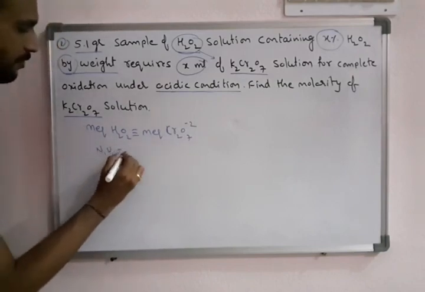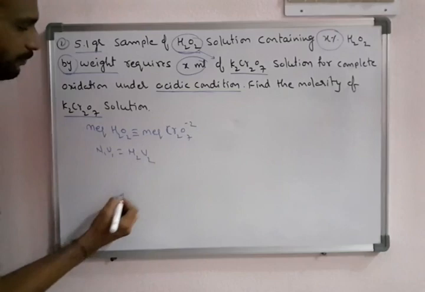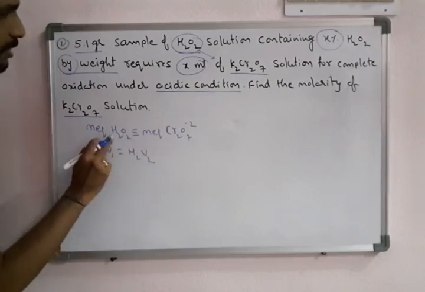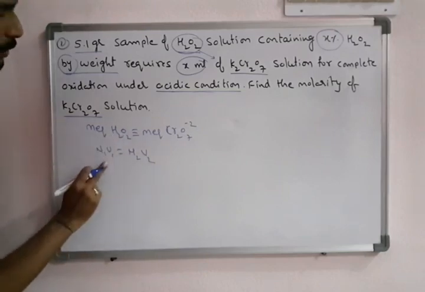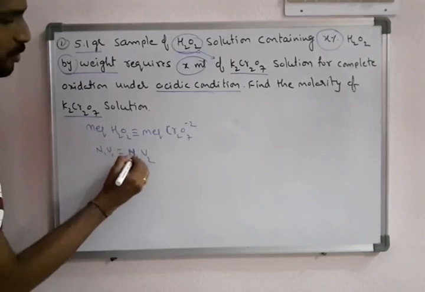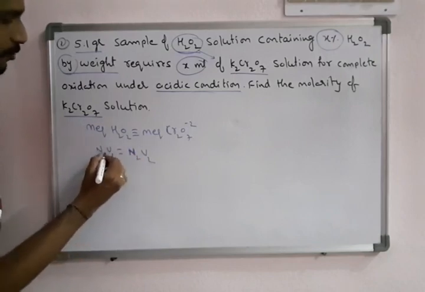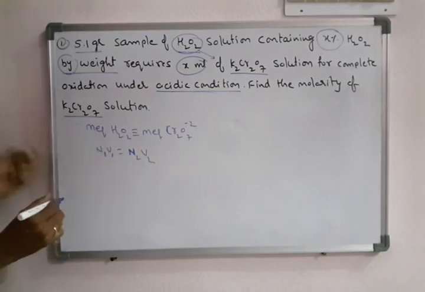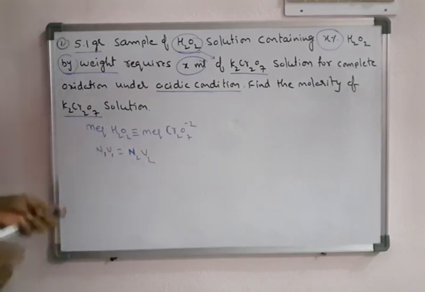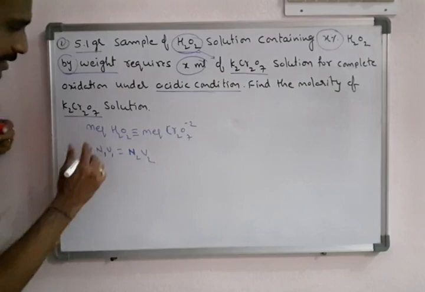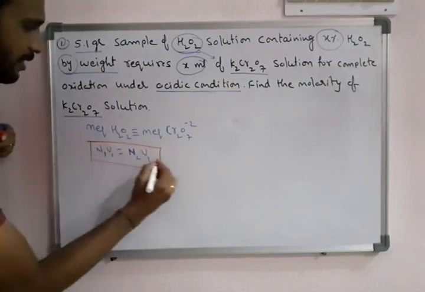Same, N1 V1 equals N2 V2. So normality of hydrogen peroxide is also unknown. Actually we need to find this normality. But we don't know this N1. Okay. Now we calculate it separately. Just take it as equation 1.